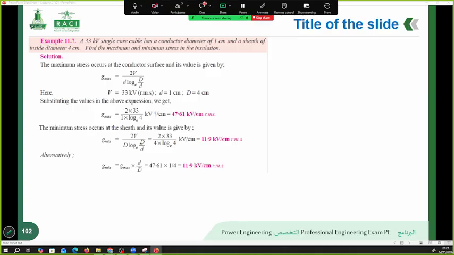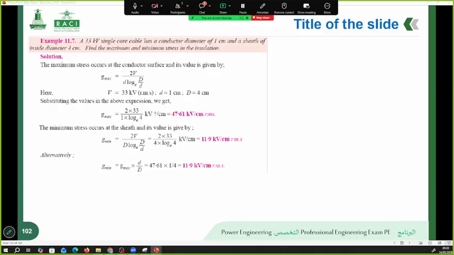This slide presents an example of electric stress distribution in a single core cable operating at 33 kilovolt. The cable has a conductor diameter of 1 centimeter and an internal shield diameter of 4 centimeter. The analysis focuses on determining the maximum and minimum electric stress within the insulation.